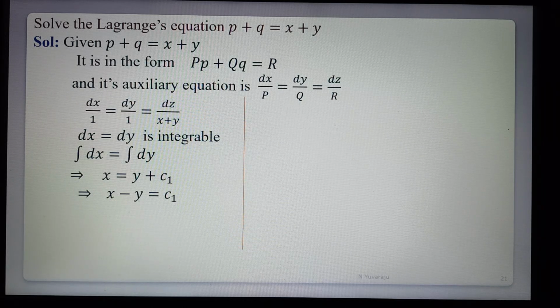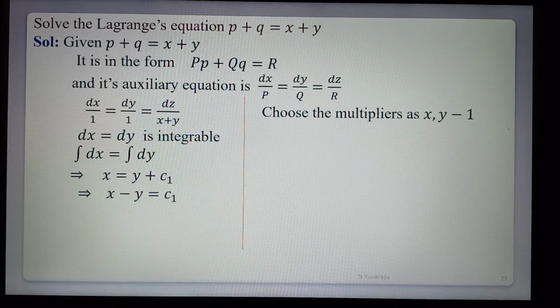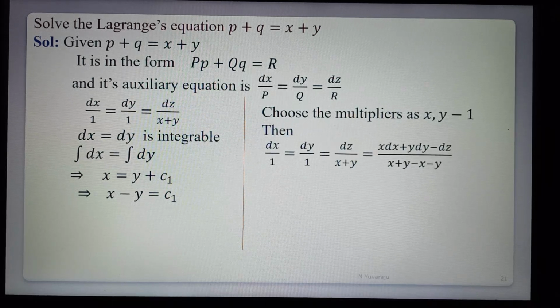So how to choose the multipliers here? Choose the multipliers as x comma y comma minus 1. So those are the multipliers, which can be applied to the auxiliary equation.